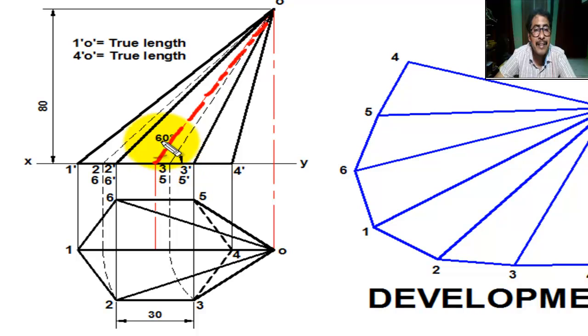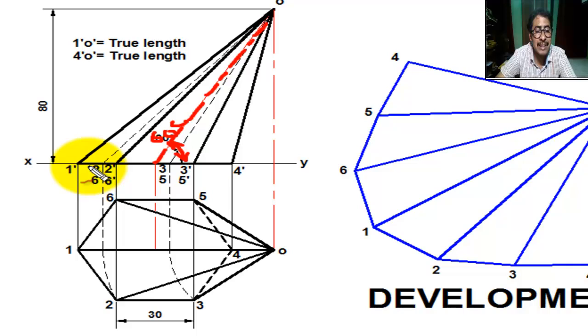This is the 60° angle with the base. The height of the hexagonal pyramid is 80 mm.